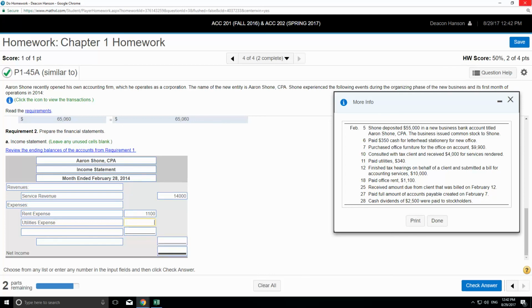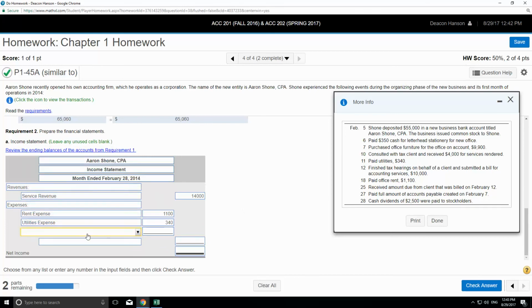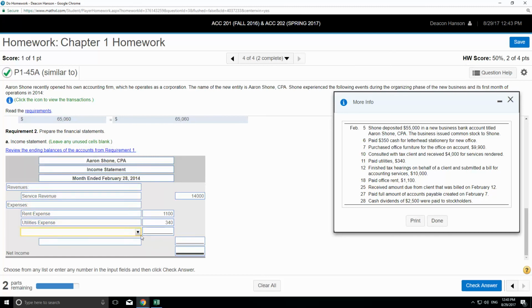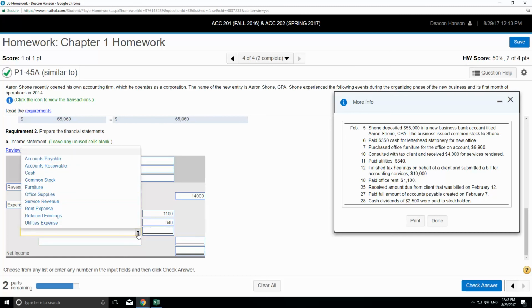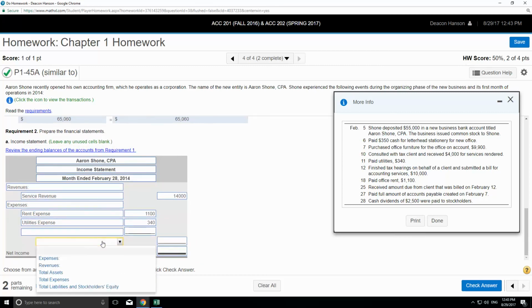Just like I did in the spreadsheet the other day. So you have total expenses. Wait a minute. Does it not give me an option here? Down here, I'm sorry.